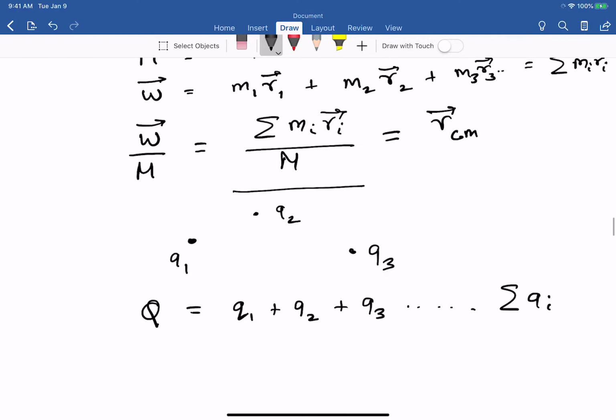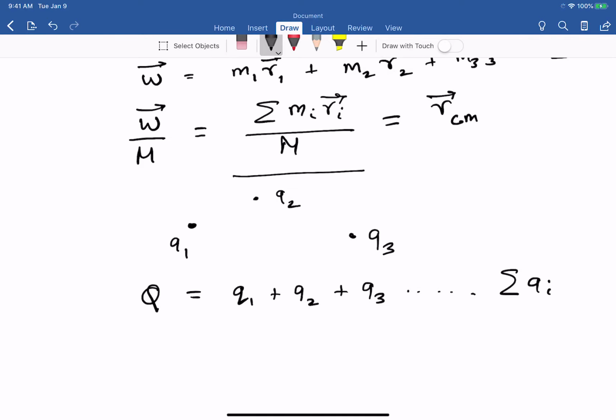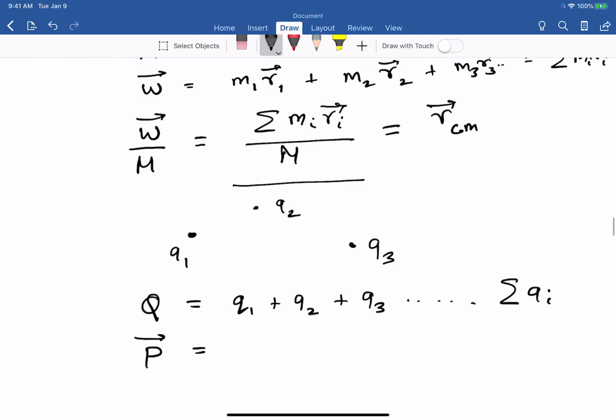All right, let's define a very similar vector, but instead of calling it W, we are going to call it p. The new vector p will be defined in the same way we defined the vector W in mechanics. So it would just be q1 r1 plus q2 r2 and so on.